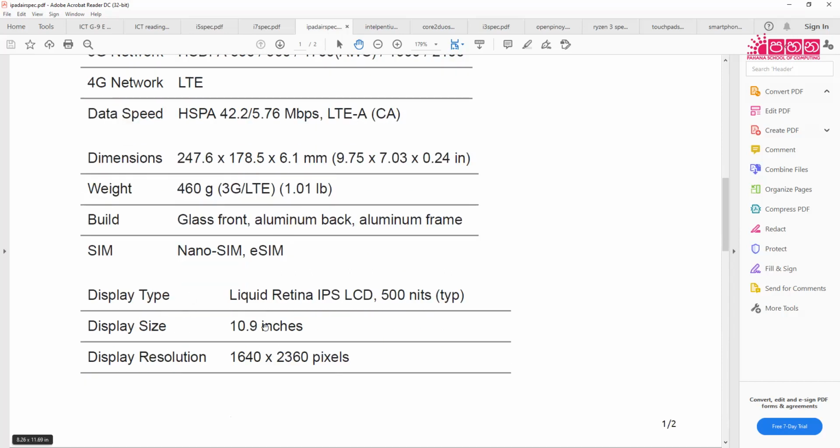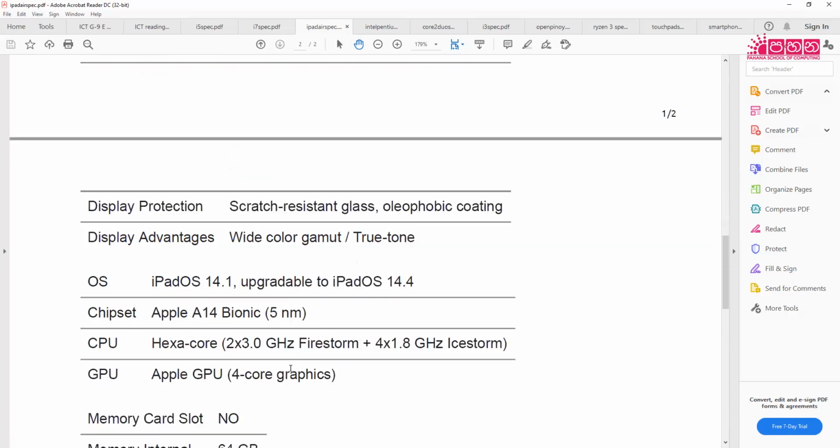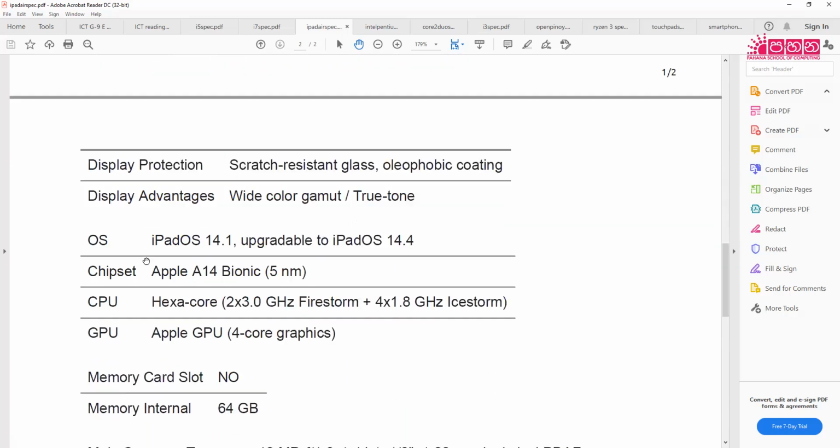And the type of the screen, it's LCD, and the size is 10.9 inches. Resolution is 1642 by 2360 pixels. Then display protection, the glass is touch resistant, which means a very reliable one.